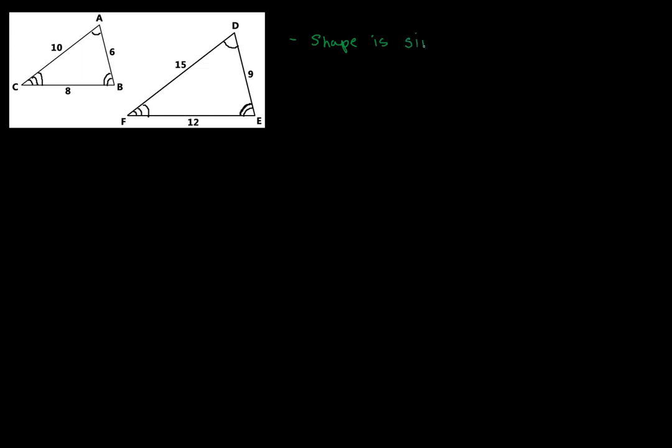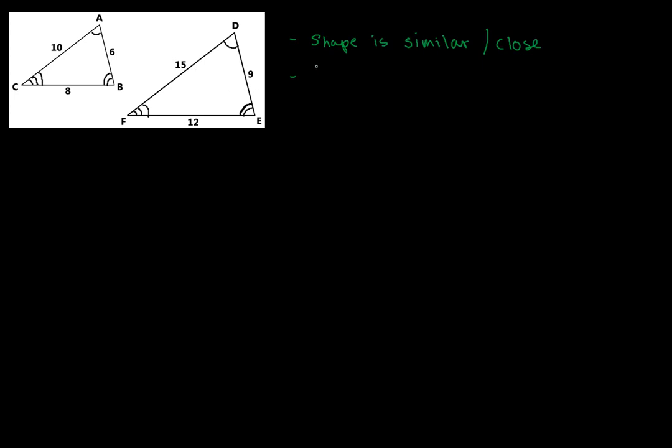We can say similar, or close, because they're almost exactly the same in every way except for the size of the shape. Their positions are the same, their orientation is the same, but their sides are a little bit different.